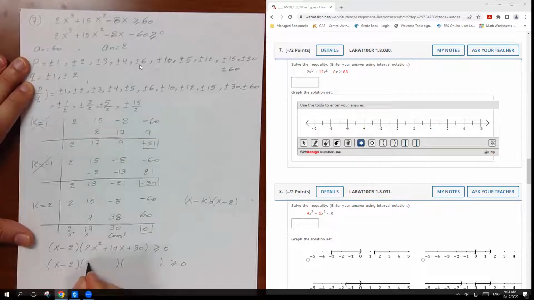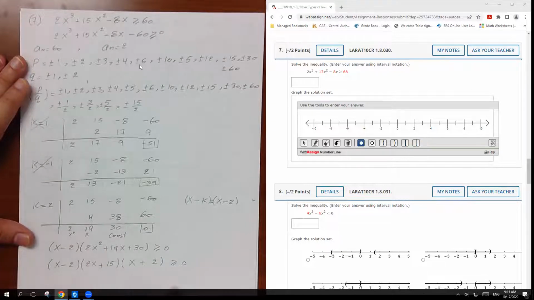I'm going to say here's 2x, and here's x. Then 30 is 15 times 2. So I'm going to put 15 here and 2 here, plus and the plus. Now this one is going to be 15x, and this one is going to be 4x. Add these together, it's going to be 19x.